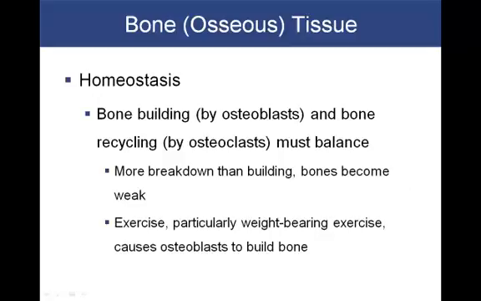So why do we have cells that build bone and cells that destroy bone? Well, it's all in the maintenance of homeostasis. And homeostasis of what, you might ask? Homeostasis of certain minerals, for instance, like calcium and phosphate. Our body requires a certain level of calcium. Calcium is utilized by many other systems in the body.